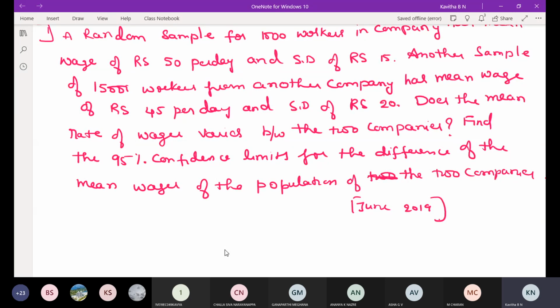Another sample of 1,500 workers from another company has mean wages of rupees 45 per day and standard deviation of rupees 20. Then, does the mean rate of wages vary between the two companies? Find the 95% confidence limit for the difference of the mean wages of the population of the two companies.